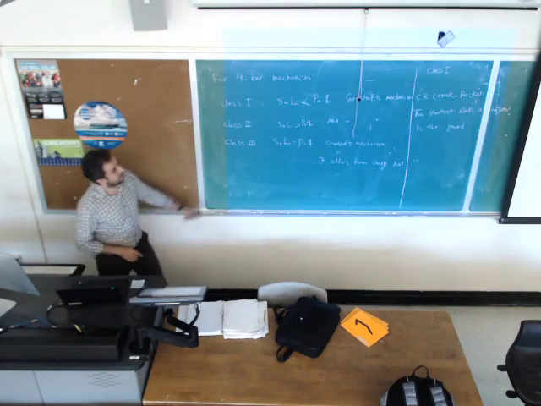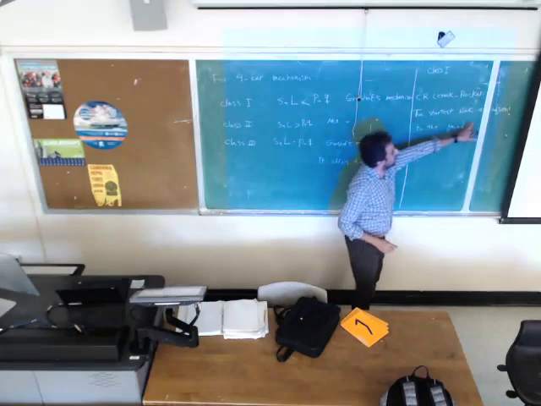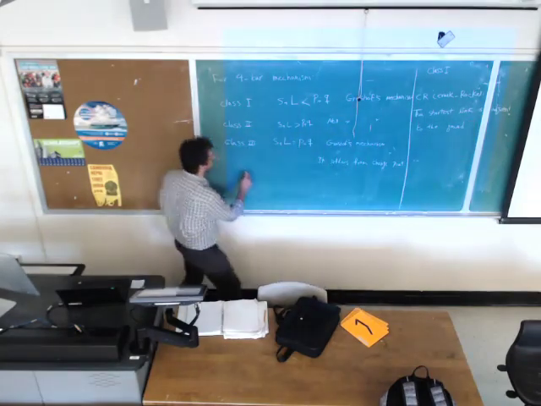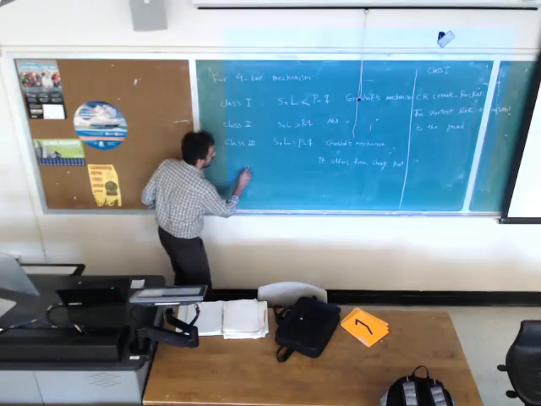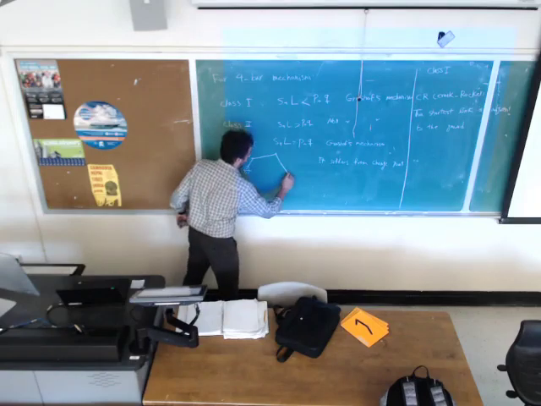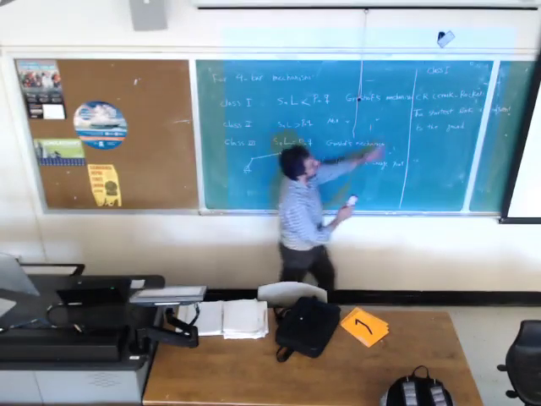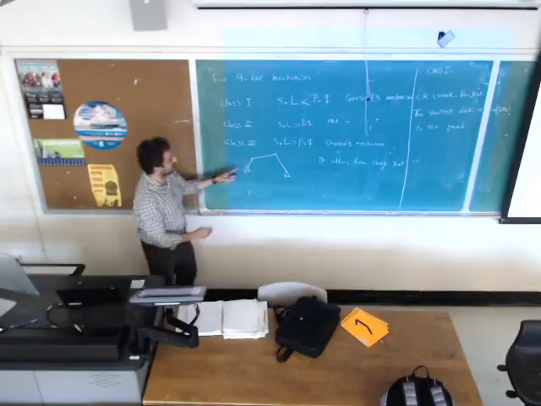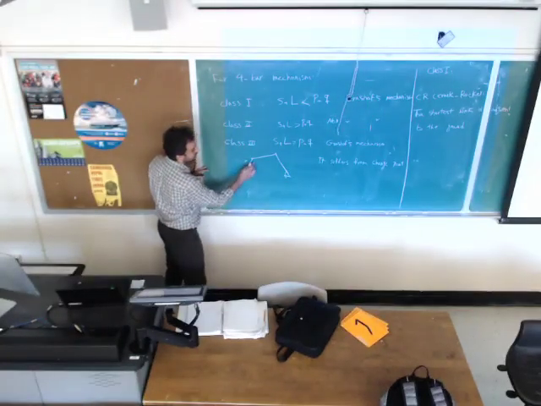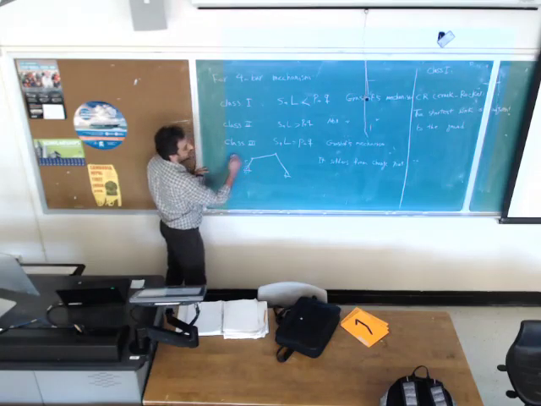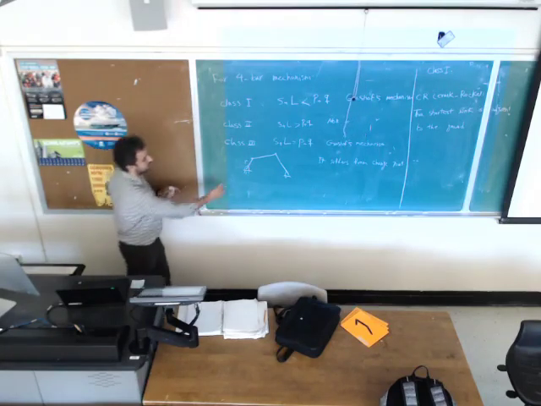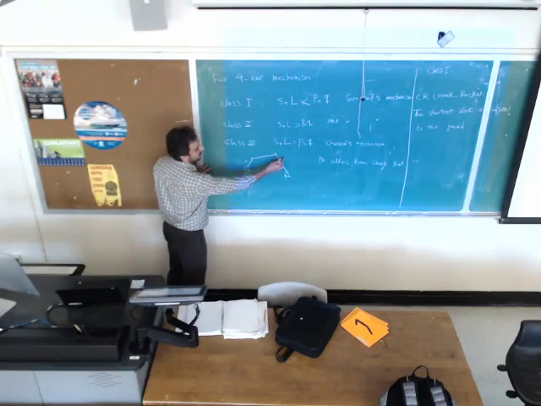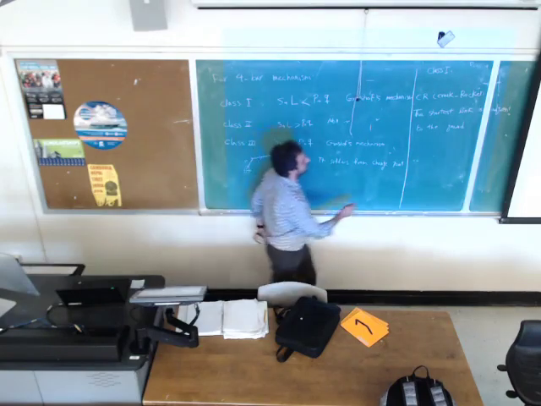So when the shortest link is adjacent to the ground, we are going to have a crank rocker mechanism, and it's for class 1. When you have a Grashof mechanism, in that case, if the shortest link, which is this one, is adjacent to the ground, one link is going to be crank, which is this one, and one link is going to be rocker, which is going to be this one.